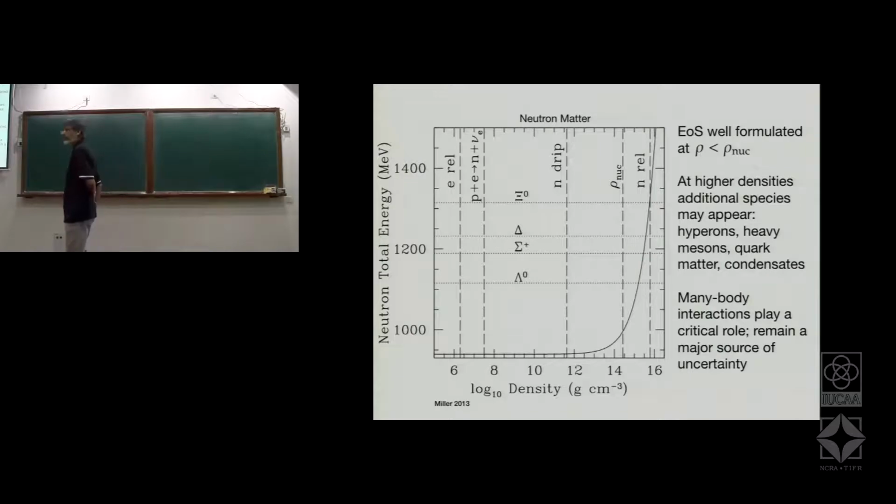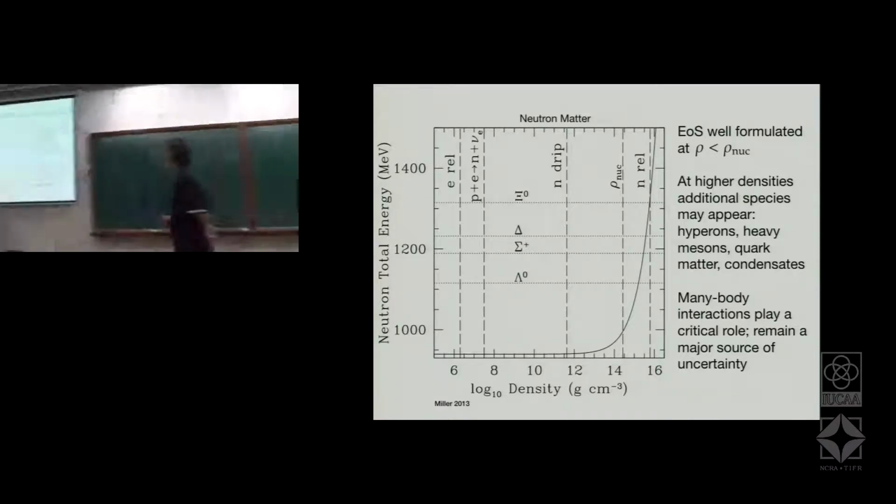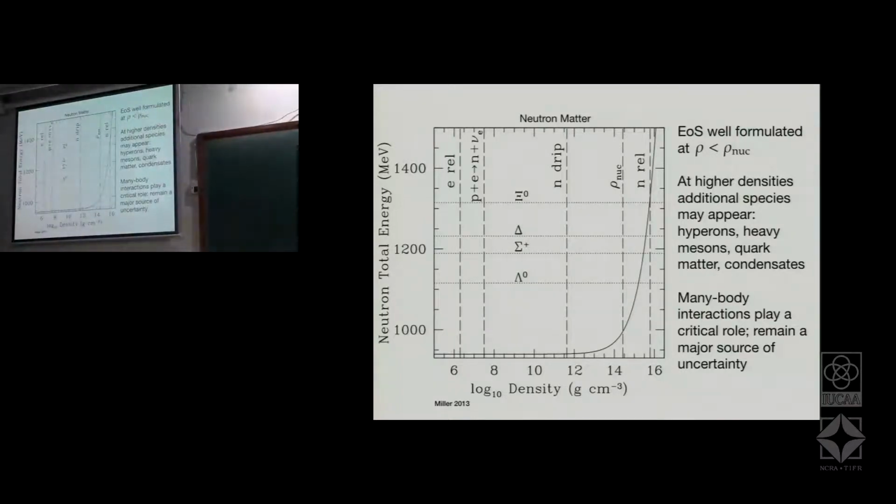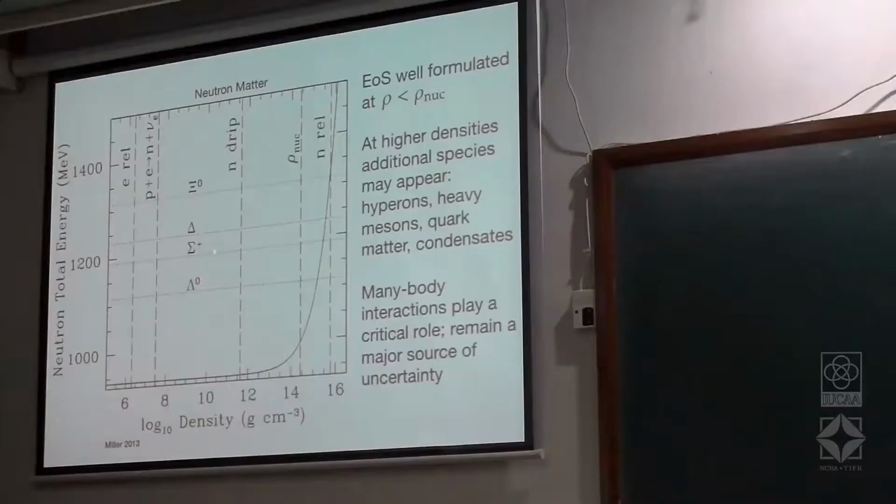Once you go above nuclear density, many body interactions start playing a critical role. And as your Fermion energy begins to rise, it becomes possible to create other particles. For example, other mesons, other hyperons, they all begin to appear depending on what the net energy density of matter becomes.